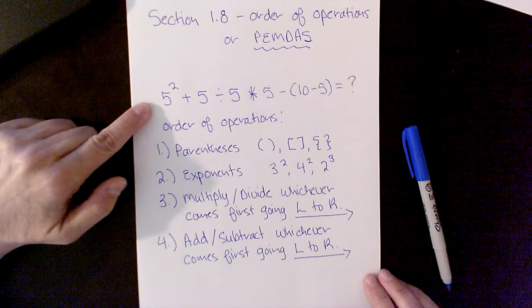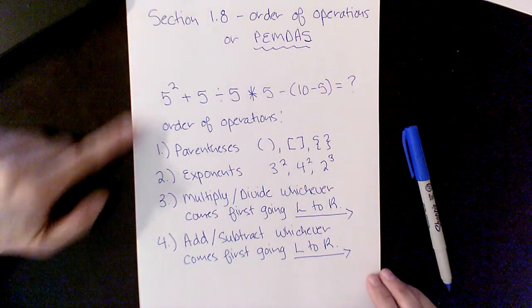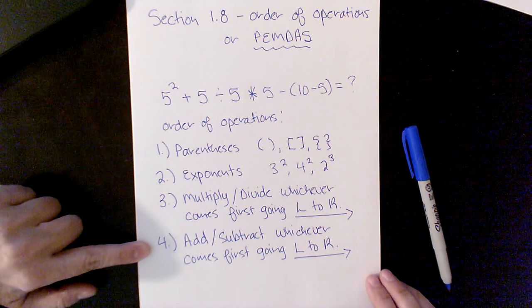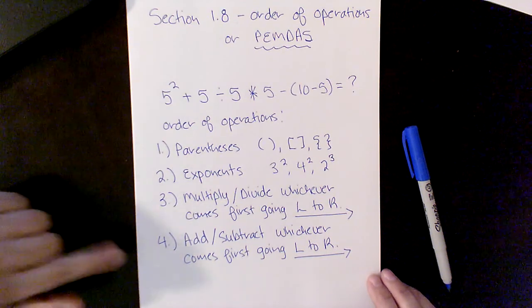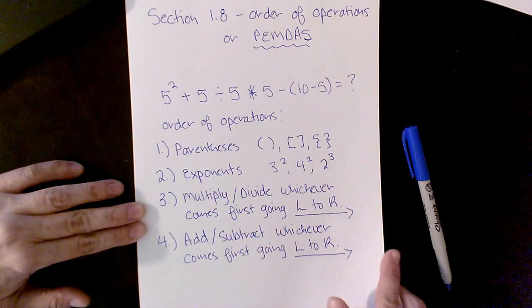So I'm going to rewrite this problem, and we're going to follow the PEMDAS, or the order of operations, and we're going to work it out and see what we get. Okay, so let me rewrite that for you.